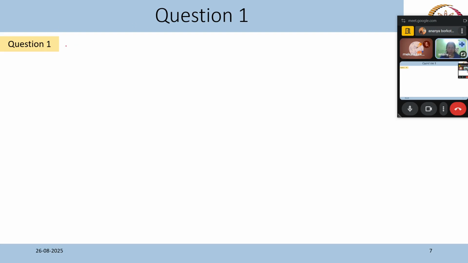Let's do the first question. This is not essentially a p-n junction question. This is like a basic semiconductor question.